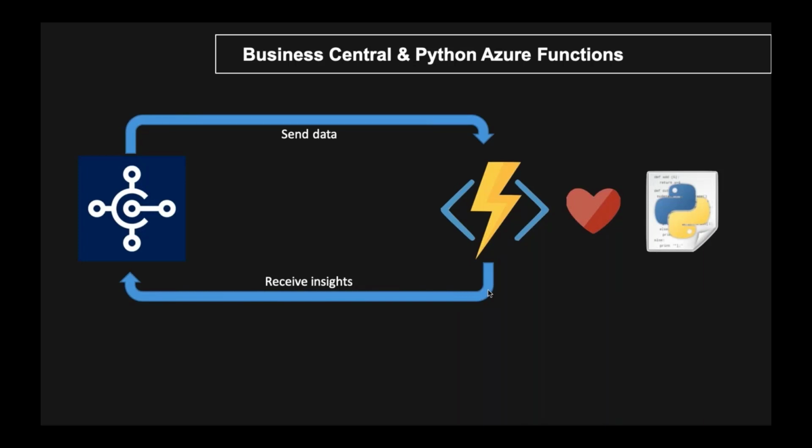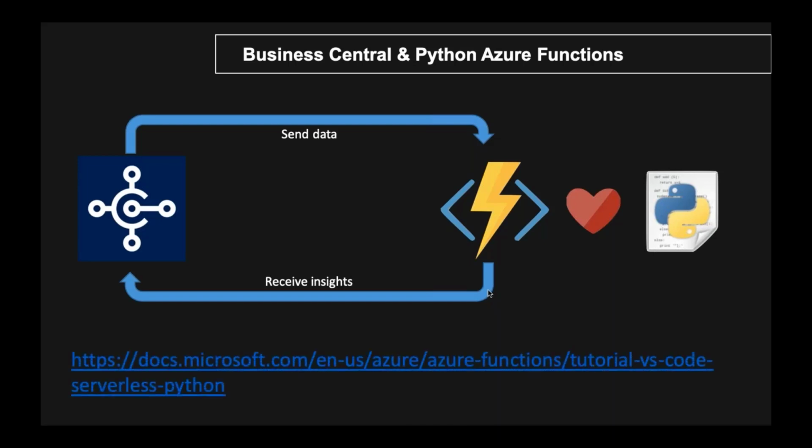And because Python Azure Functions are really new, there's not a big amount of documentation on how you can do that exactly. So it took me about, I think, some days to investigate and to make it work. And some months ago I published the blog about that, and now I will show you how you can do that.